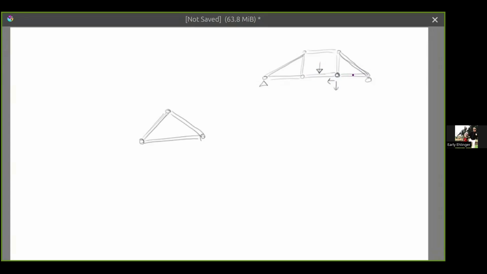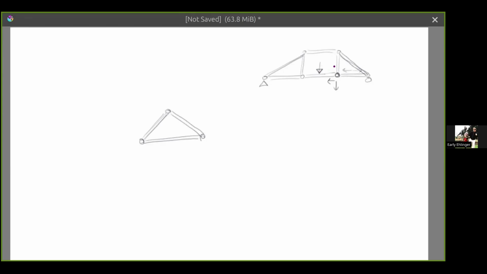And so that will put this member into what's called tension. You can think of a member as being either squeezed or pulled, like trying to pull apart. So this member will be stretching because this one is pulling on that member.